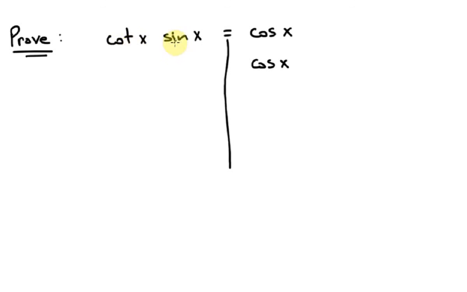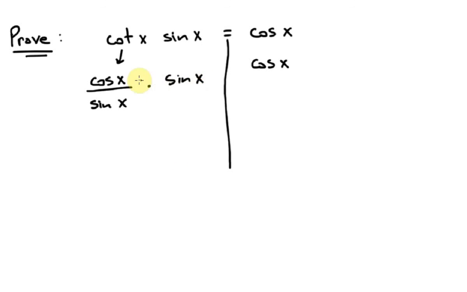But what can I do on the left side? Well, I can use an identity and I can switch out cotangent. Cotangent, according to a quotient identity, is exactly the same thing as cosine divided by sine. So that's exactly the same thing as cotangent. I did a little switcheroo. And then we have times sine x.